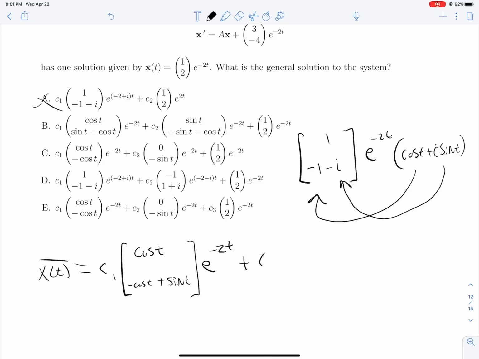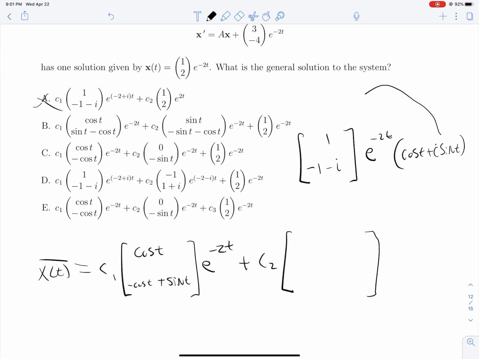And then we're adding c2, and this vector will be composed of all the imaginary bits. So i sine on top, we drop the i, we're left with sine t, because the whole point is to make this solution real. It's not mathematically rigorous, but we're trying to get rid of that i, so we just drop the i at this stage.